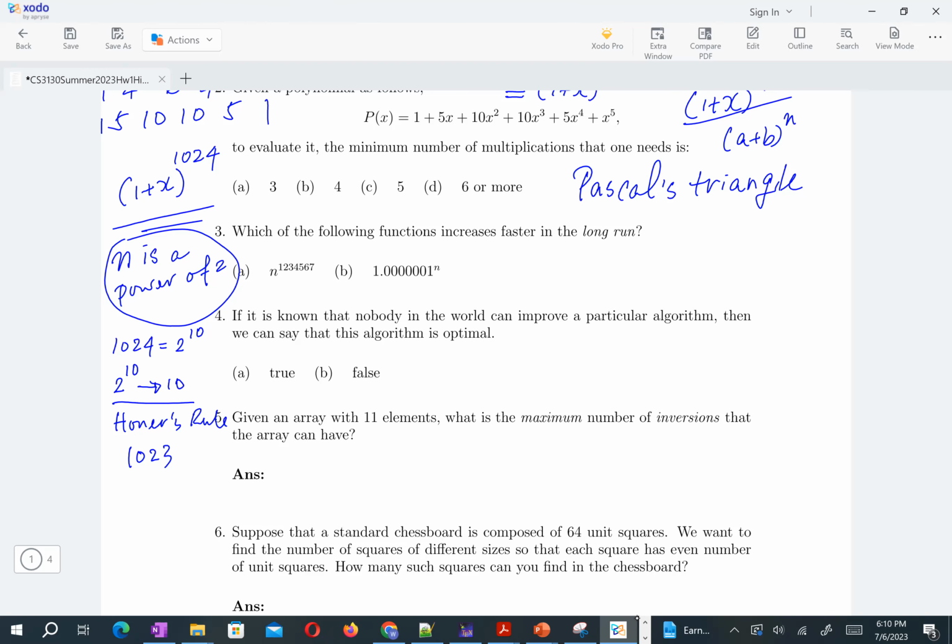Only the special case, the single-term monomial, we can apply, but not on a polynomial. Monomial case we can apply.